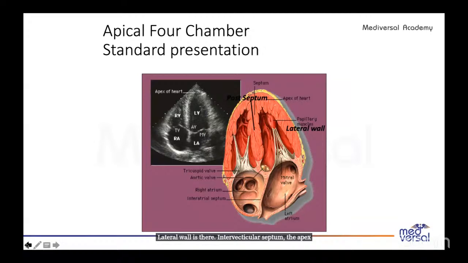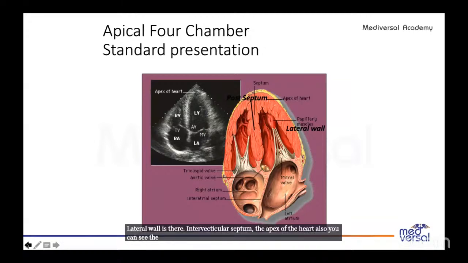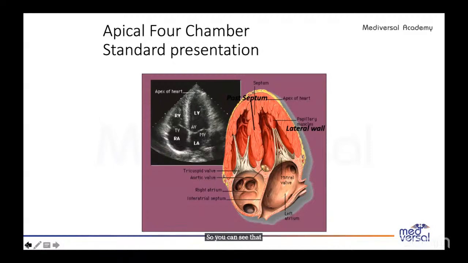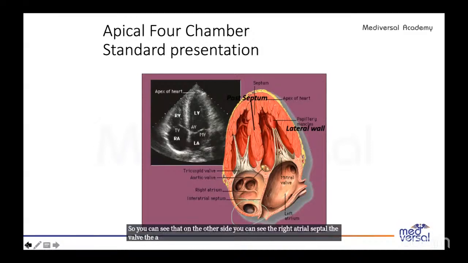Also, you can see the four chambers. On the other side, you can see the right atrium, the atrial septum, the valve, and the aortic valve also in between. Then you can see the right ventricle. Subsequently, you can see the echo view also of the valve. Next slide, please.